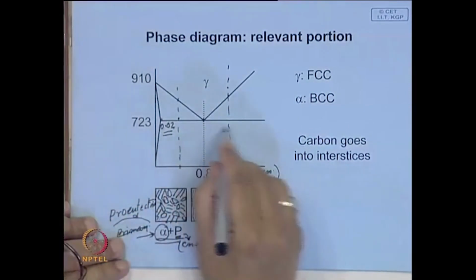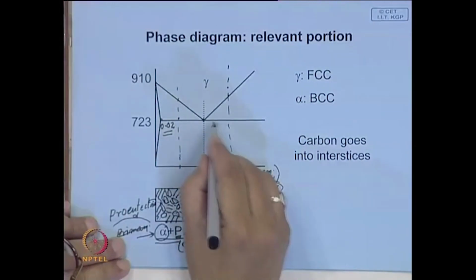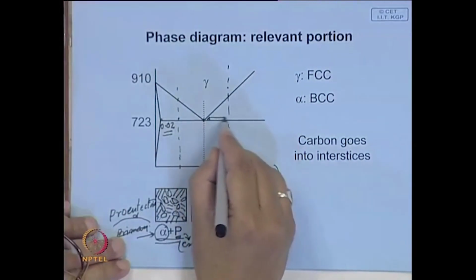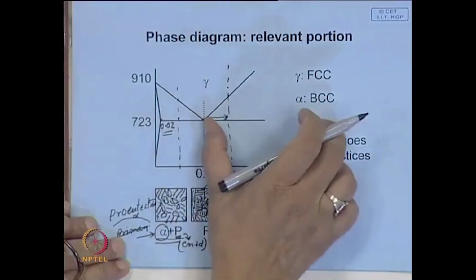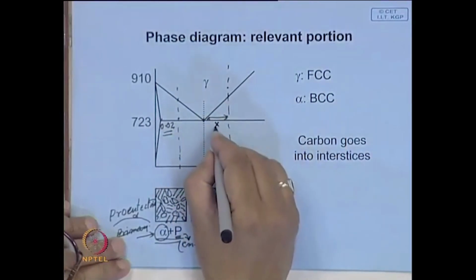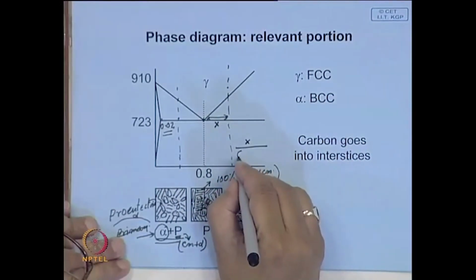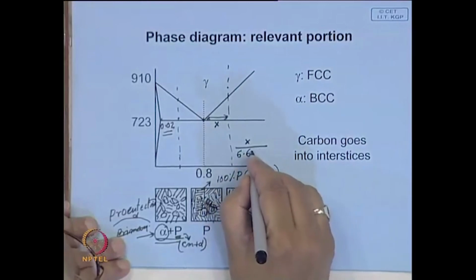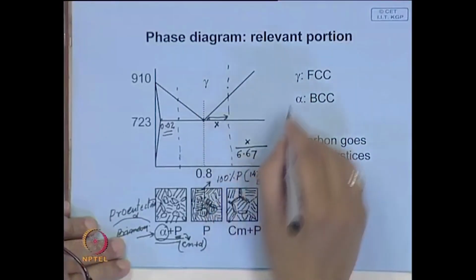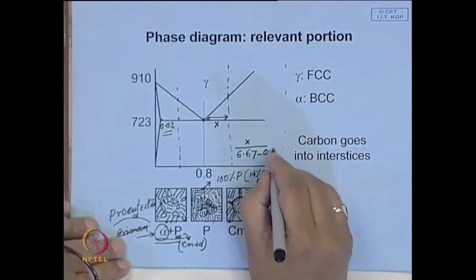In this case, the amount of proeutectoid cementite will be proportional to this portion over the entire length, which depends on 6.67, the amount of carbon in cementite, minus 0.8.